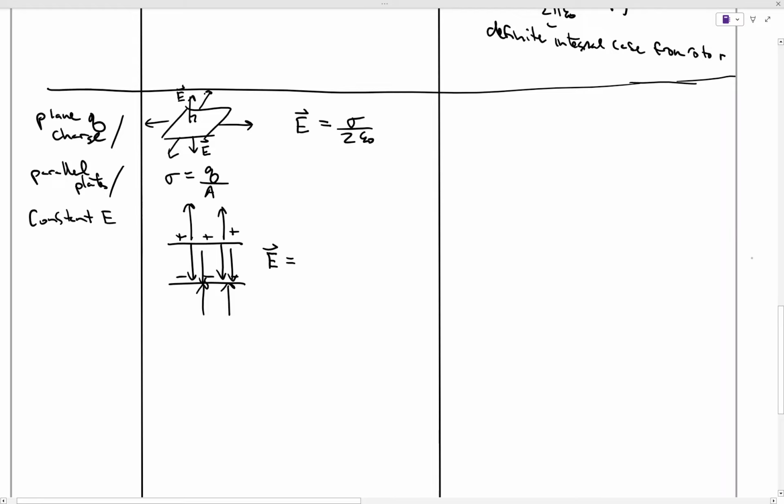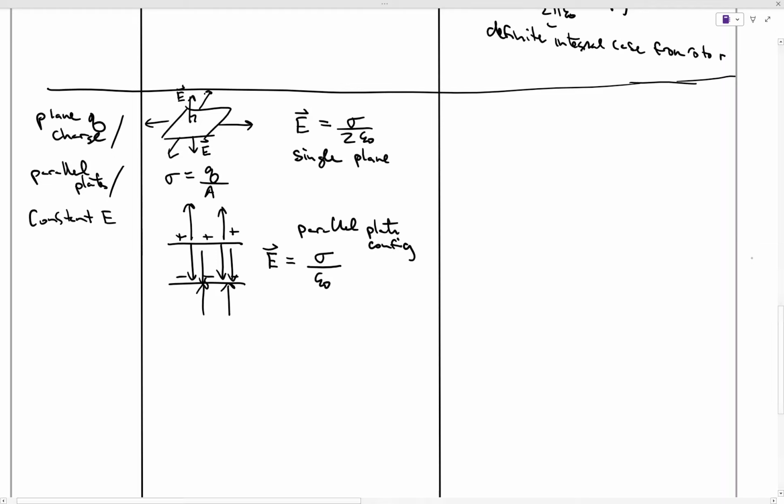And so E for this configuration would be 2 times the above, and so you'd have just sigma over epsilon naught. So this is the single plane. This is the parallel planes, parallel plate configuration. And so that's the electric field.